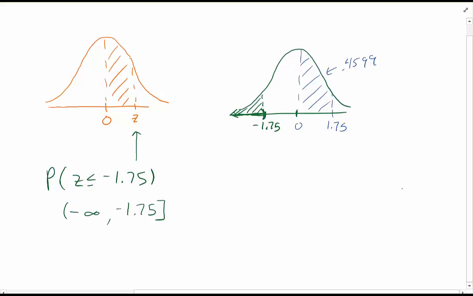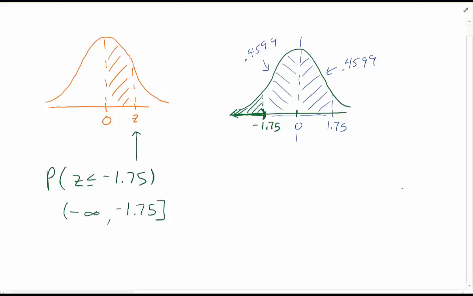0.4599. Now, how am I going to get the area I want? Well, again, the distribution is symmetric, and cutting it right down the center there, I know that the entire left side is 0.5. I also know that going the same distance out from the center, this area right here that I'm shading is also going to be 0.4599.